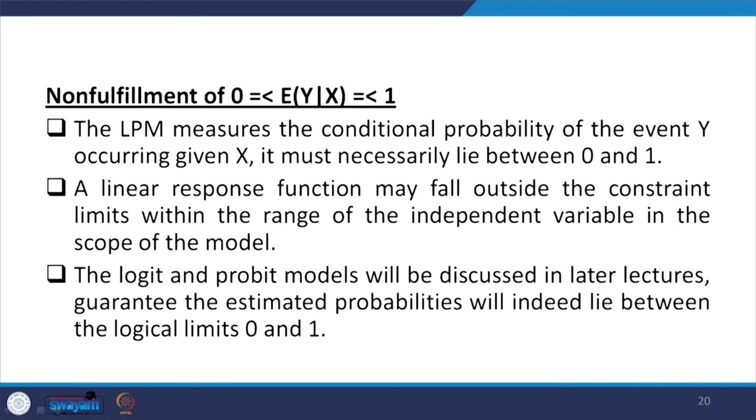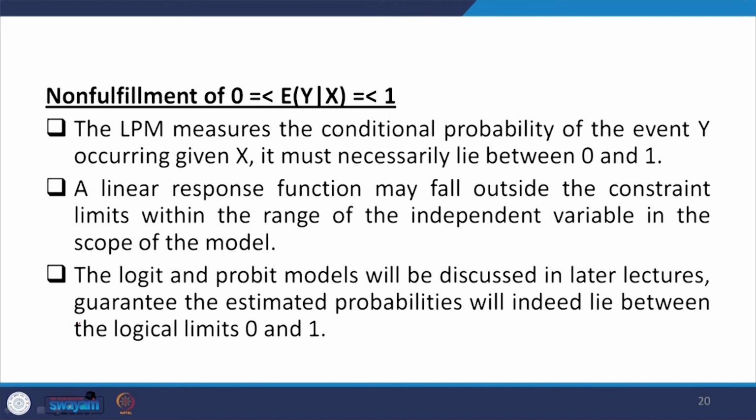Now, let us understand other problems with LPM. It does not fulfill the bracket, the estimated value within 0 and 1. The limit of the predicted value should be within 0 and 1.